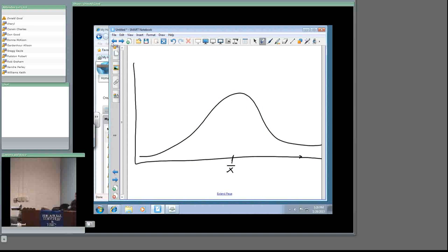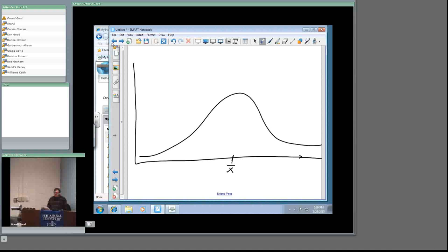Now, we also know what standard deviation is, right? Or you've heard of such a concept as standard deviation. Standard deviation is a number that tells you something about the dispersion, or in plain English, the spread. It's a measure of the spread-outedness.